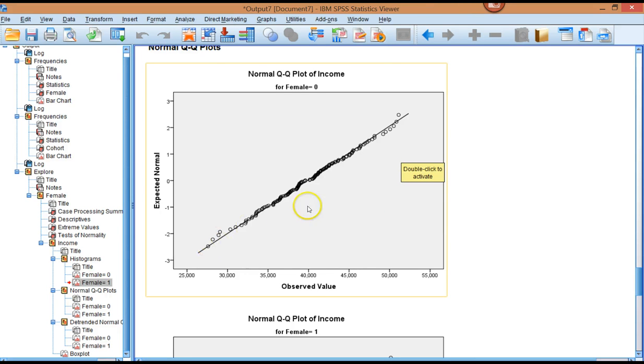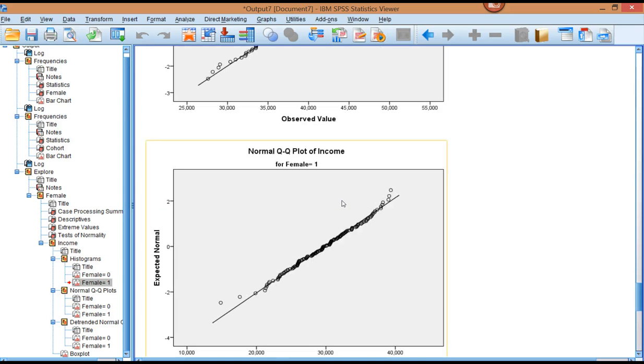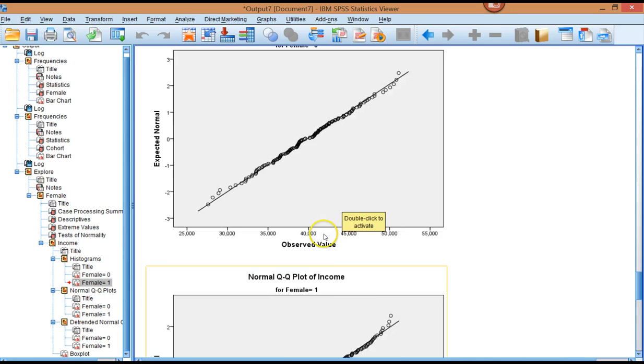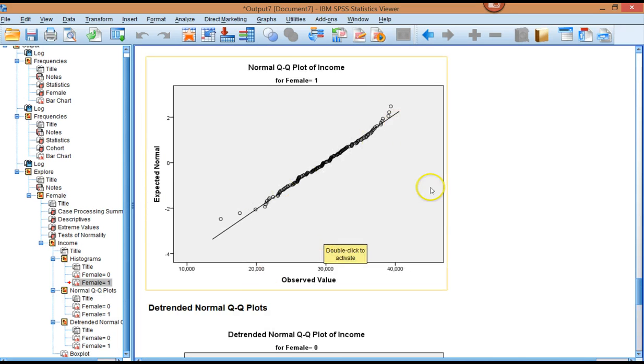And so here we have the dots aligned in a diagonal, so I feel very comfortable that the men are normally distributed in terms of income, and that the women, there's a little bit of something going on there at the extremes, but in general normally distributed.